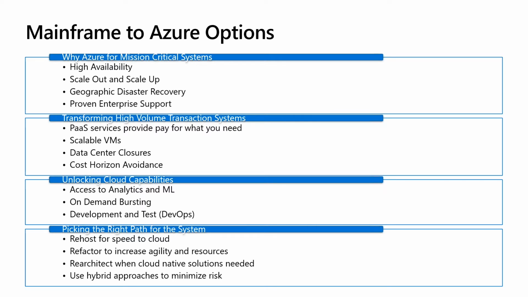And we can do that again with scaling up, but you could also maybe look at other capabilities, which if you take platform as a service, you might be able to have sort of clusters of compute that you can then use as needed, which allows you to only use the compute as you need it. And so this allows you, when you have things like data center closures, to find a place to put that in the cloud without worrying about whether or not we can handle that type of volume.